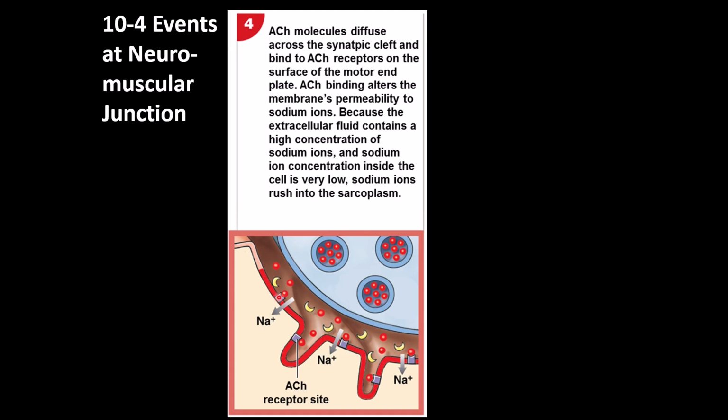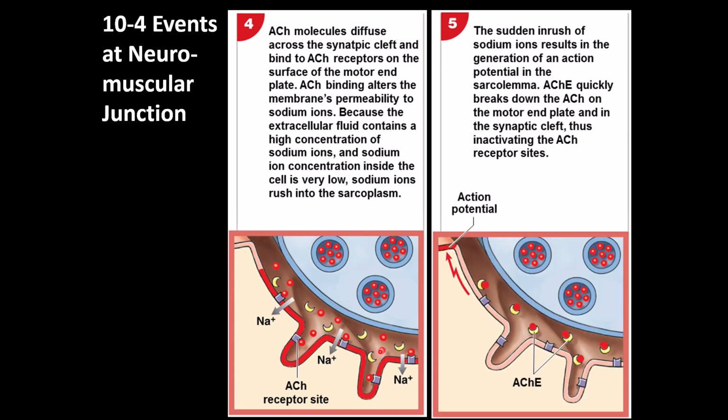Now they attach to these receptors, and these are the sodium channels. Once they are attached, the sodium channels open up and the sodium enters the cell. Once the sodium enters the cell of the skeletal muscle fiber, inside the cell becomes positive, and that is a change in the membrane potential. That will cause initially a graded potential and then an action potential.